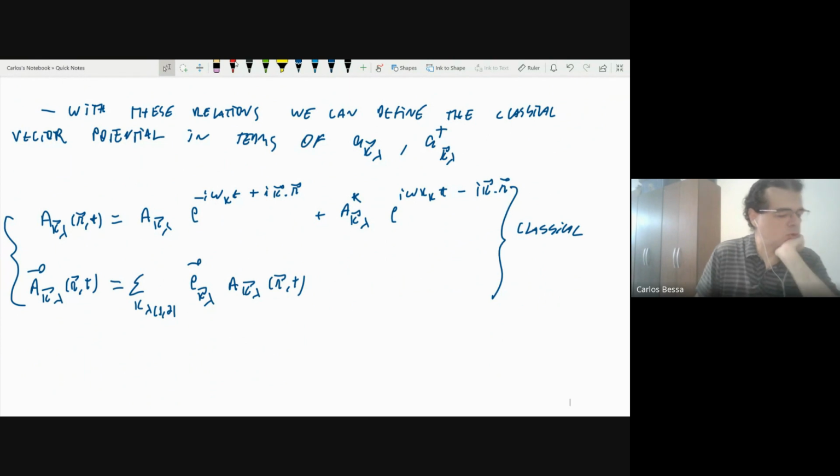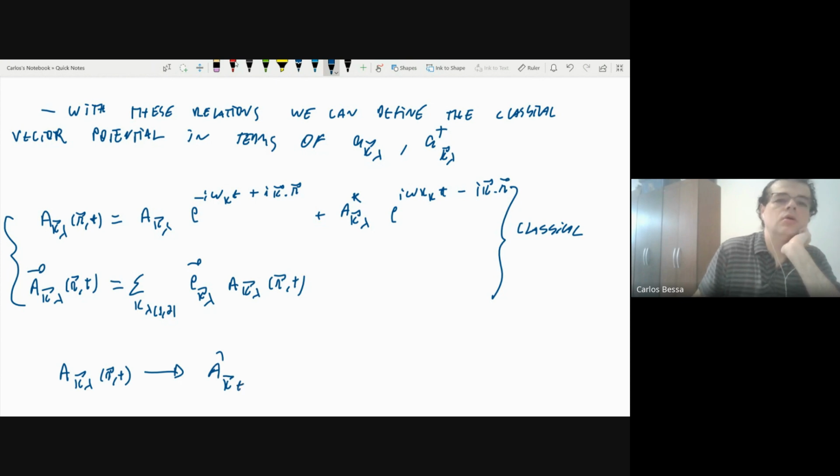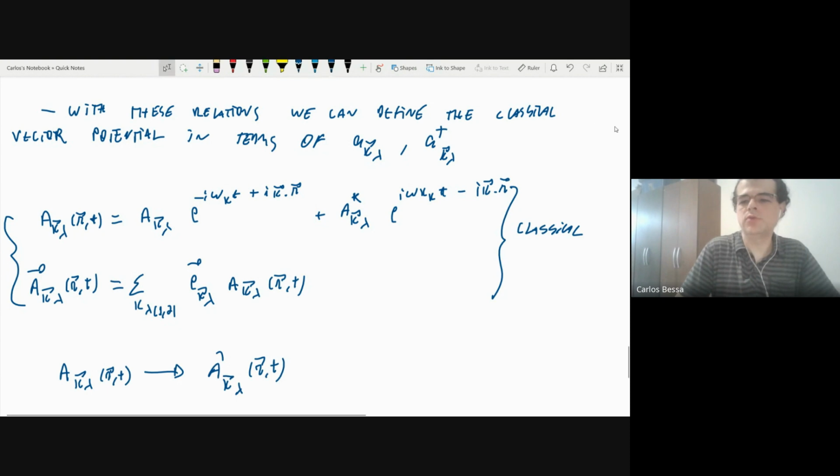Okay, now what we do, we associate this guy here, A k lambda, will be an operator in terms of the relation that we found before.